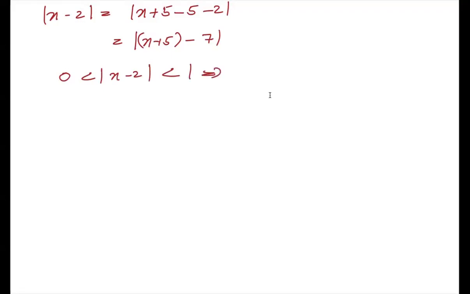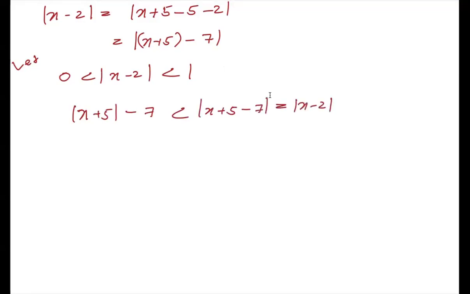This implies, let's say, x plus 5 absolute value minus 7 less than |x plus 5 minus 7|. This is equal to |x minus 2|. And therefore we can take |x plus 5 minus 7| less than 1.